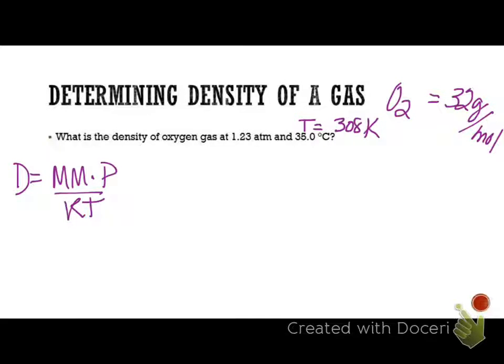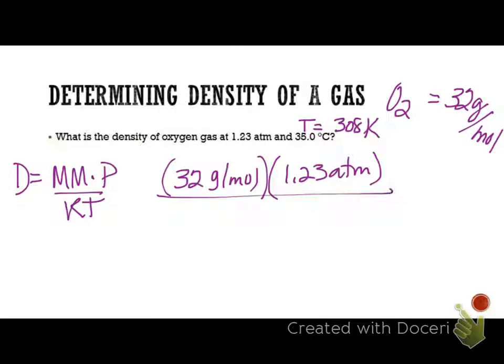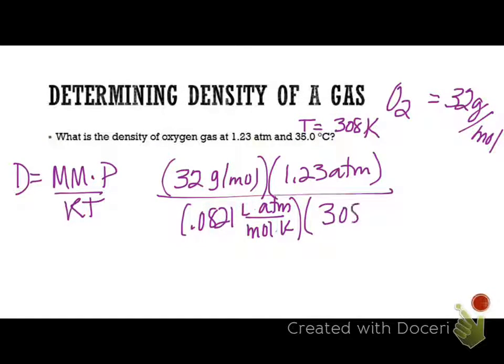So now let's plug it all in. 32 grams per mole times the pressure, which was 1.23 atmosphere, divided by R, 0.0821 liters times atmosphere over mole times K, and then our temperature of 308 K. So we do all that math, we cross out our moles, we cross out our atmosphere, and we cross out our Kelvin, and we're left with grams over liter.